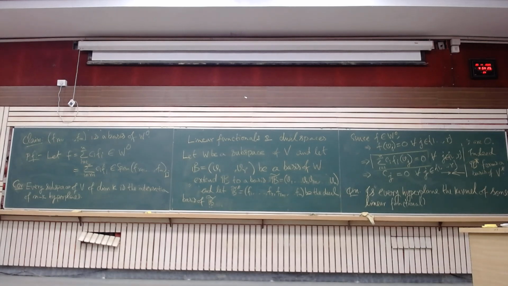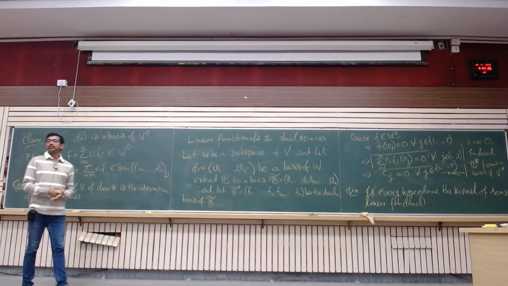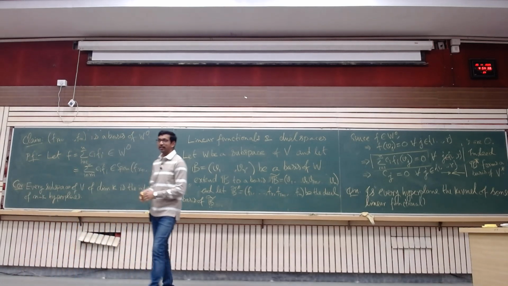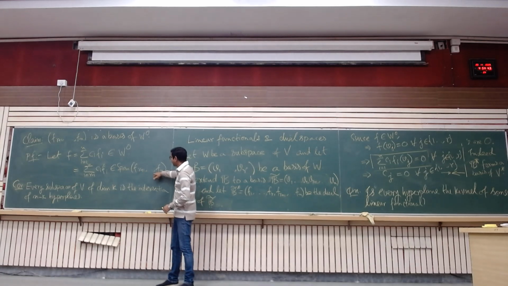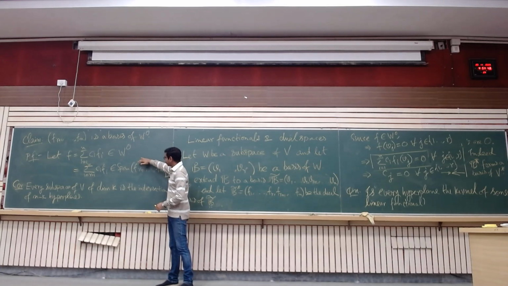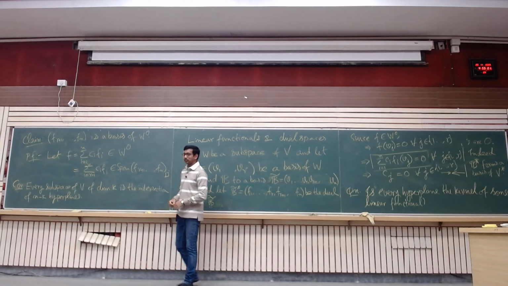How do we get this? So what are the hyperplanes? The kernels of linear functionals, right? These are those linear functionals of which we are talking about. So each of these linear functionals has some hyperplane as a kernel, and then W is just equal to the intersection of all those. Okay. So thus we have this.